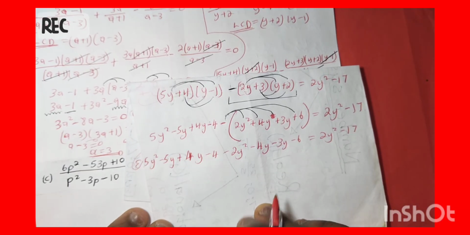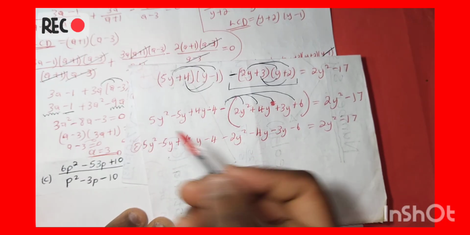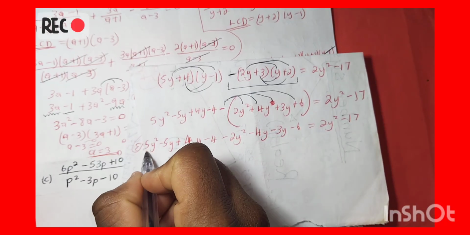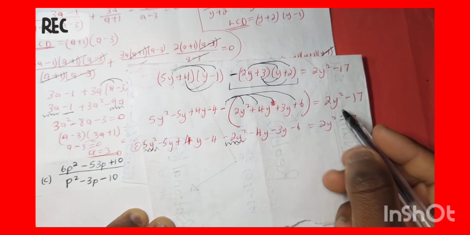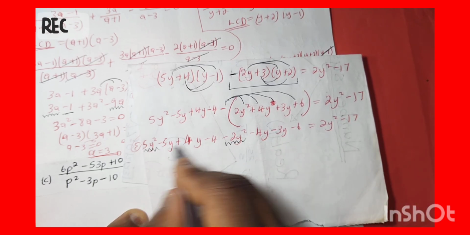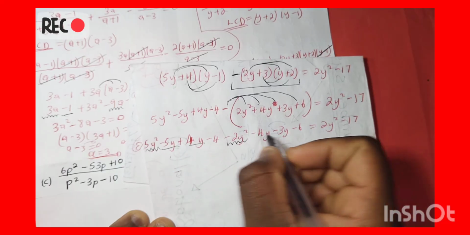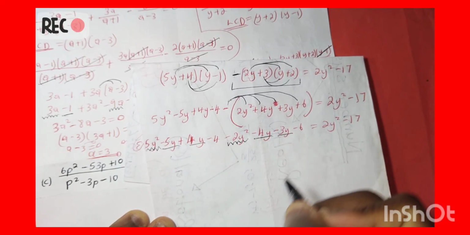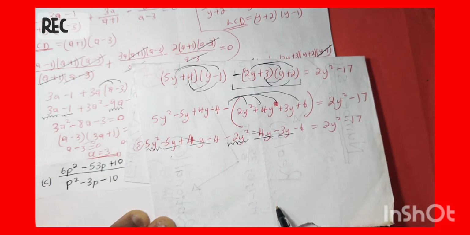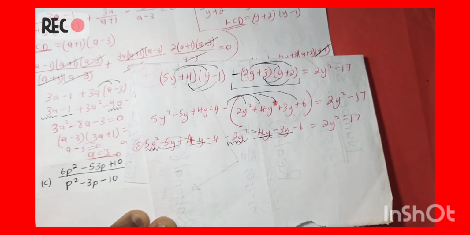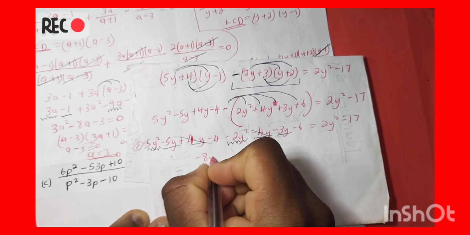Now let me simplify this fast and quick. Which ones are the like terms here? This is a like term with this. Let me first simplify this. These are like terms together. These will cancel, and this proceeds with that term. We are supposed to get minus y.